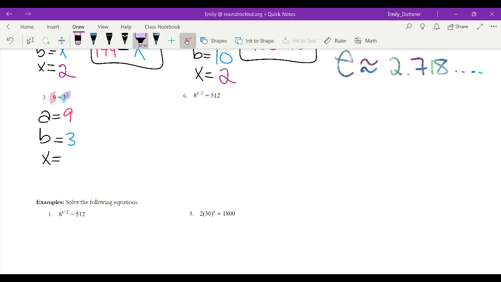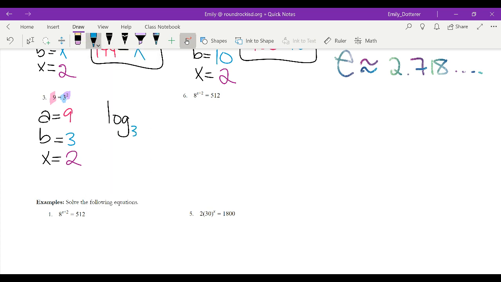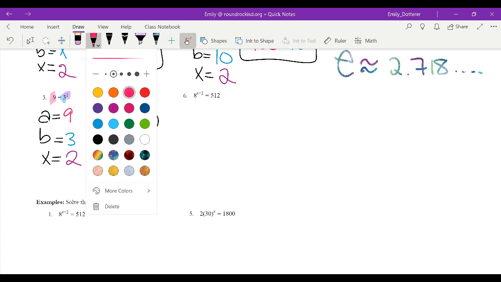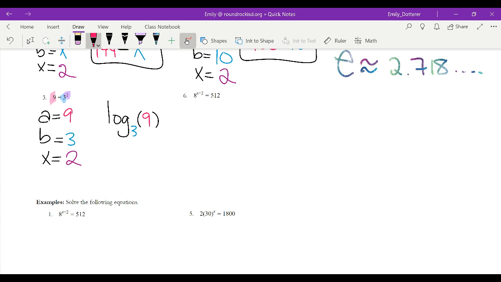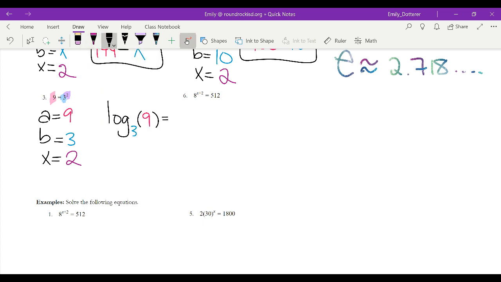And then X is 2. We're converting it to a log. Base 3 of 9 equals 2.